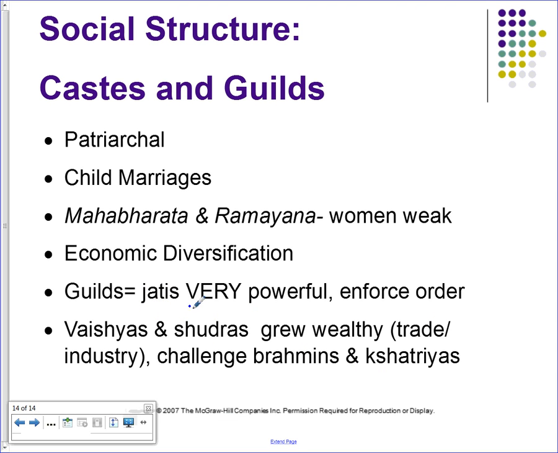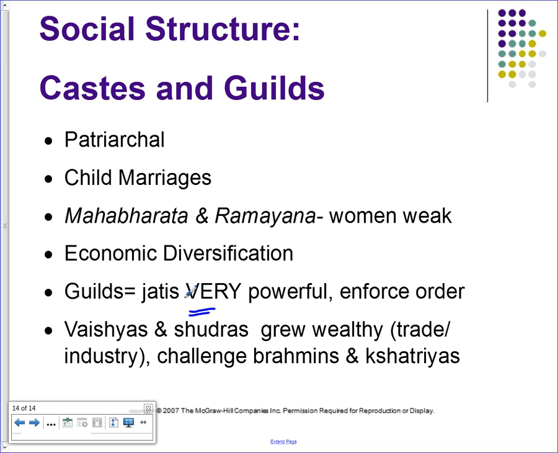These guilds became extremely powerful, especially when political power was limited during that interim period and during the Mauryan period where things weren't as centralized, or Gupta period where things weren't as centralized. They were the ones who were supplying money for education. They were the ones who were controlling the supply of goods, the quantity of goods, taxation. They had a ton of power, so very powerful.